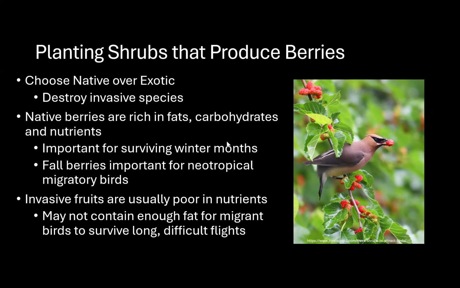They take over the landscape, they outcompete native species, and really the reason we especially don't like them is that even if they're producing berries or food sources, a lot of times those are very low in nutrient content. It may not actually be beneficial to our wildlife, and may not have enough carbohydrates or fat or nutrients, antioxidants to keep our wildlife populations stable and healthy for surviving our winter months.